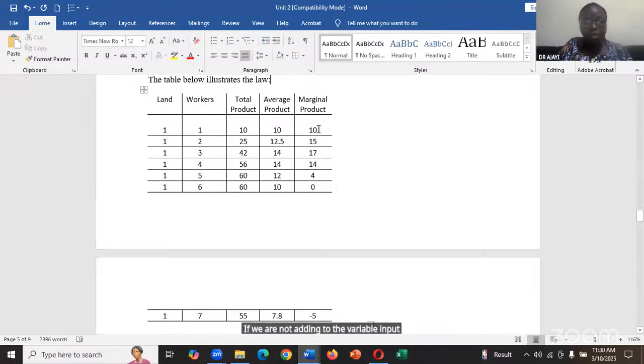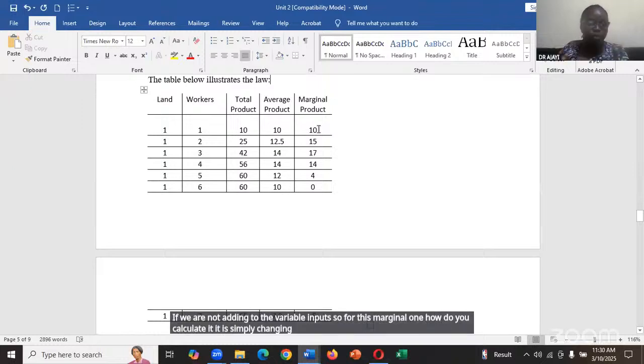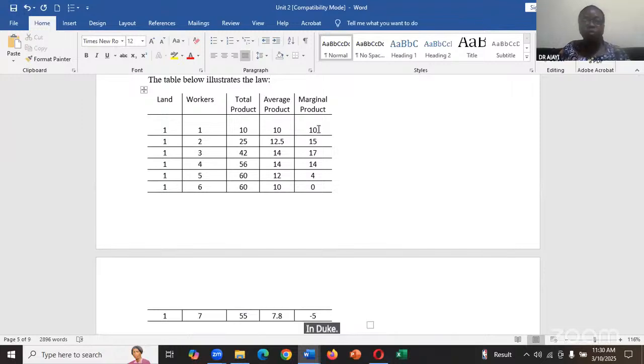So for this marginal one, how do you calculate it? It is simply change in total output divided by change in the quantity of input. You can't have change in quantity of input for land because land remains the same. You only have change in quantity of input for labor.